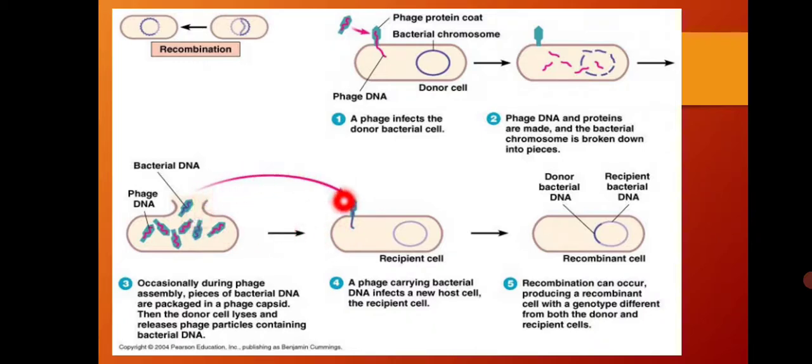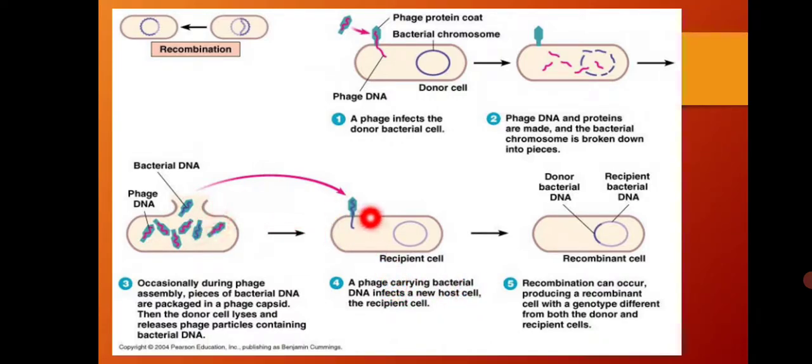When it infects another cell, that is the recipient cell, the genetic material is automatically transferred from the donor cell to the recipient cell. A phage carrying the bacterial DNA infects a new host cell, the recipient cell.